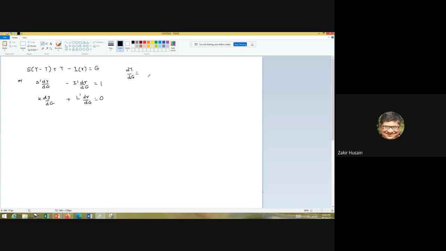So dy/dg is equal to, first column 1, 0, and then in the next column minus I prime and L prime. So it will be L prime over the usual denominator.